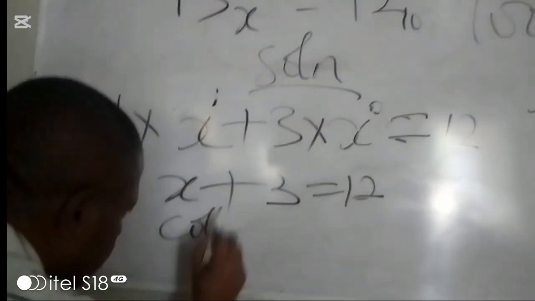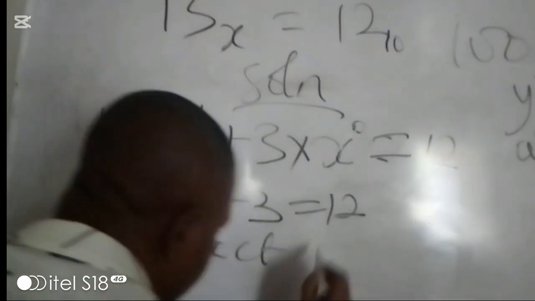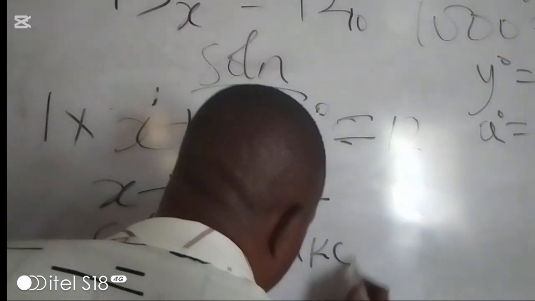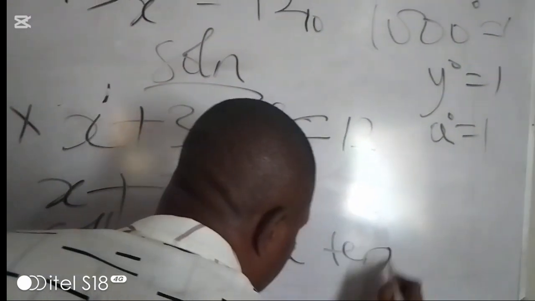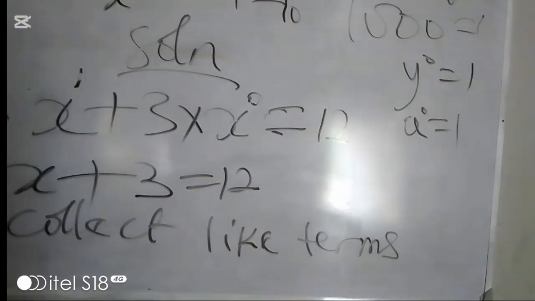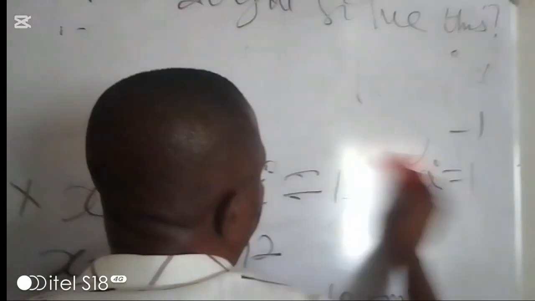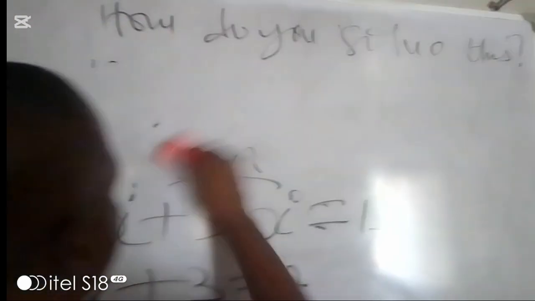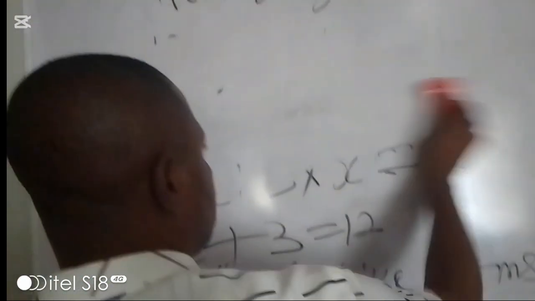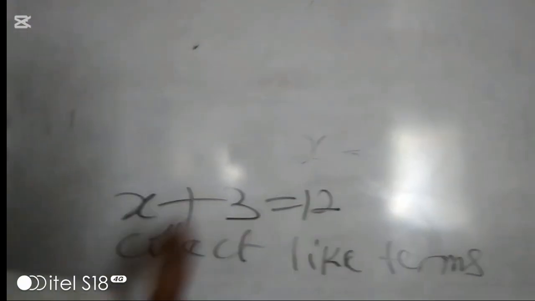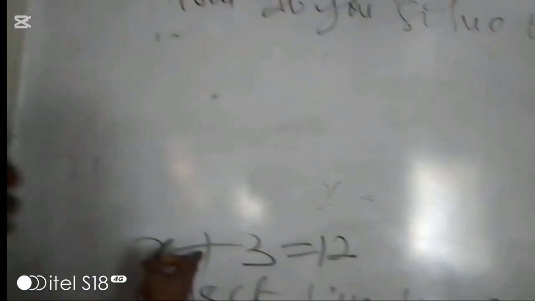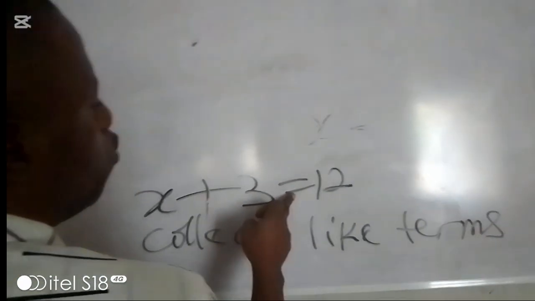Collect like terms. X plus 3 equal to 12. When you collect like terms, this plus 3 will cross over this equality sign.